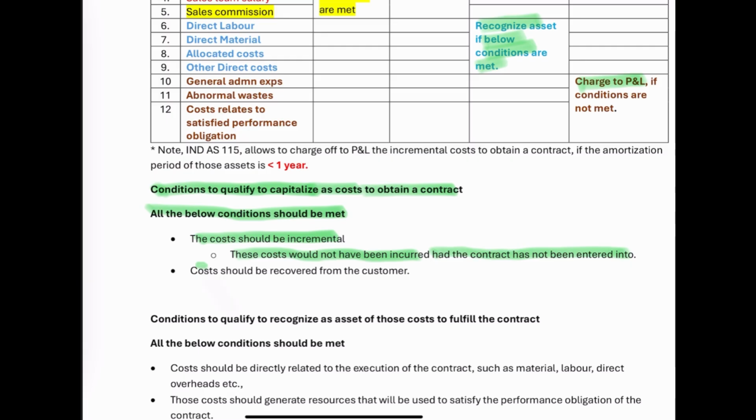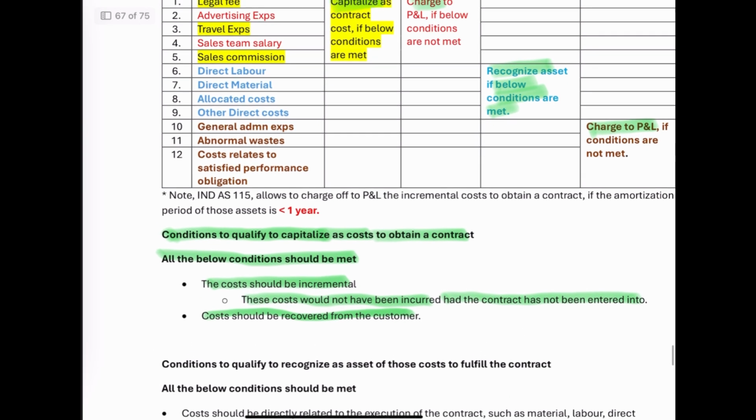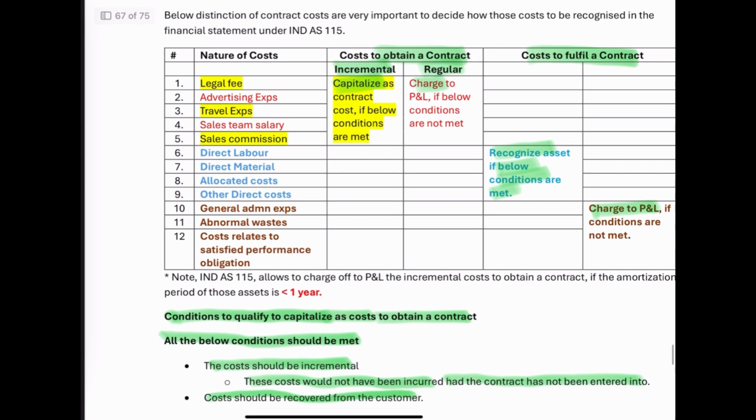And the second condition is that the cost should be recovered from the customer. If these conditions are not met, then it should be charged to the P&L account. So we'll see a few examples. You can take legal fee. Legal fee can be an incremental cost or it can also be a regular cost.